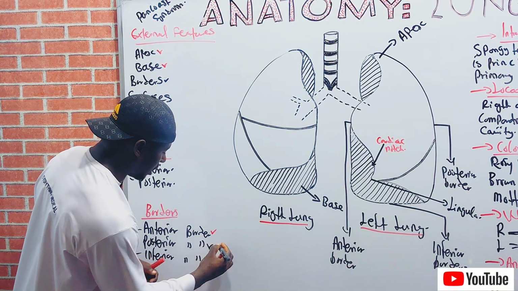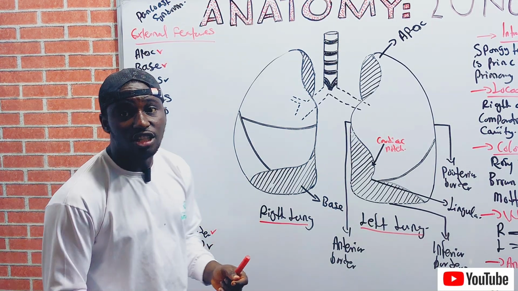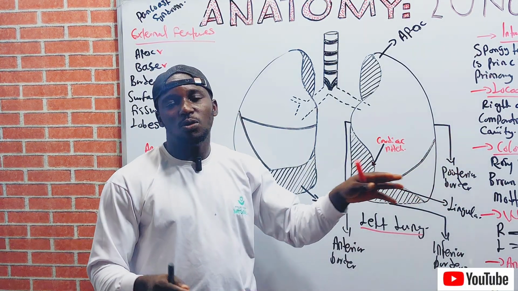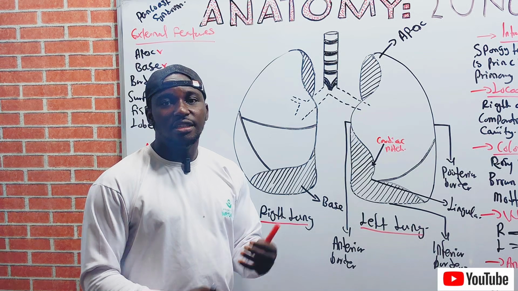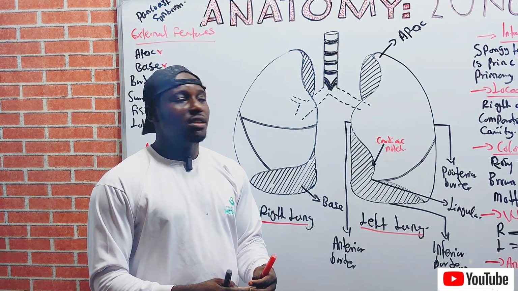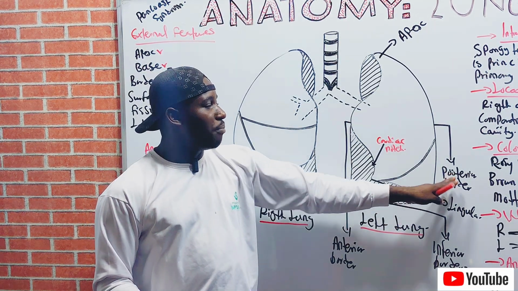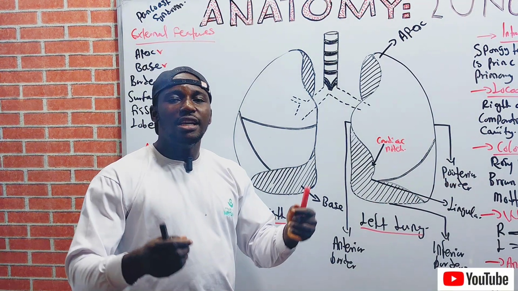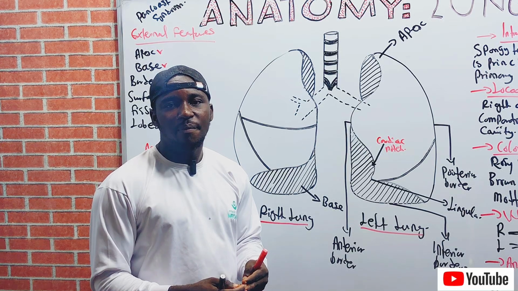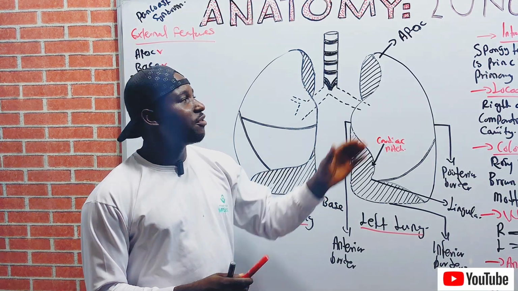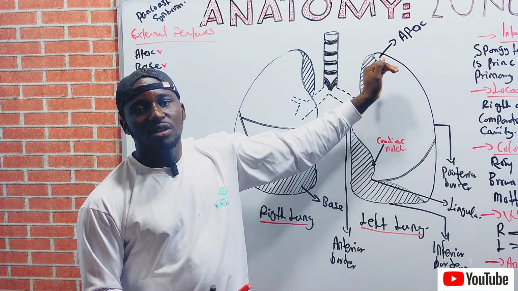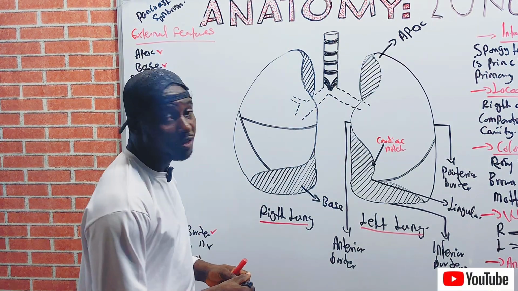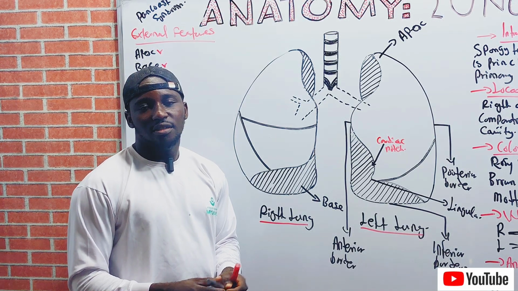Now, the posterior border is thick and rounded. It is an important border, and it extends from the seventh cervical vertebra to the fifth thoracic vertebra.